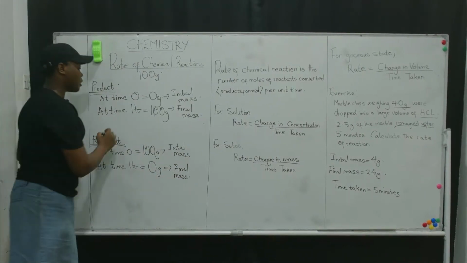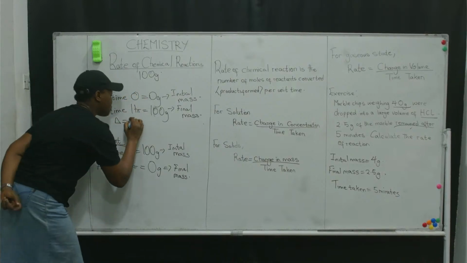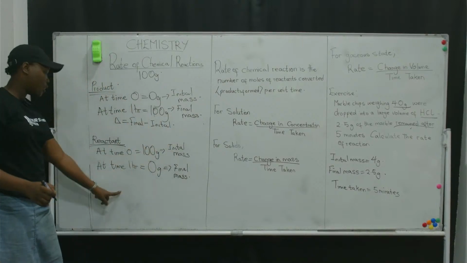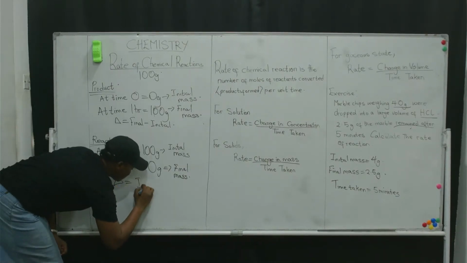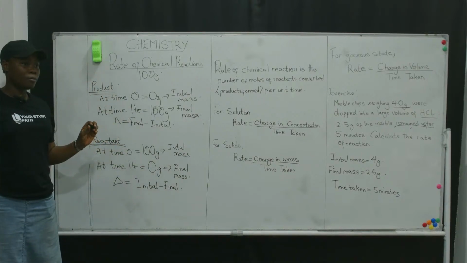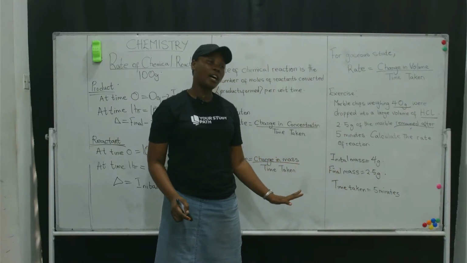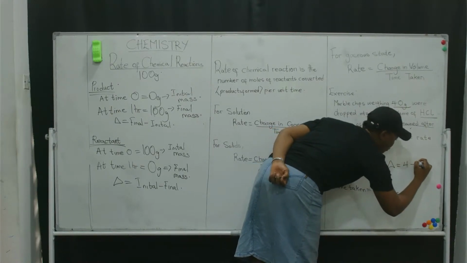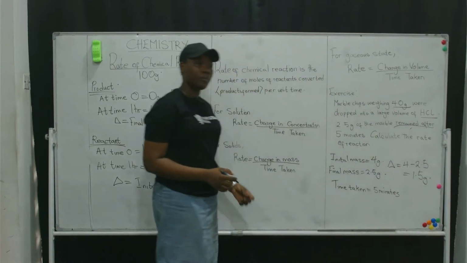So when I want to calculate change here, this will be final minus initial. If I want to calculate change here, it will be initial minus final. Are we good? So we can continue. At this point, it will be the initial mass minus the final mass. And so that would be change equals 4 minus 2.5, and that is 1.5 gram, right?